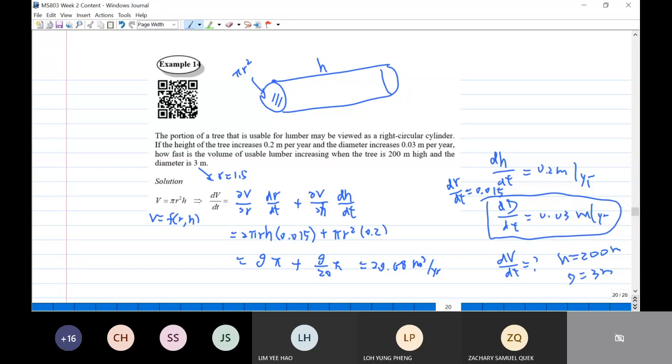Okay, so this is example 14. Now I move on to the next example.